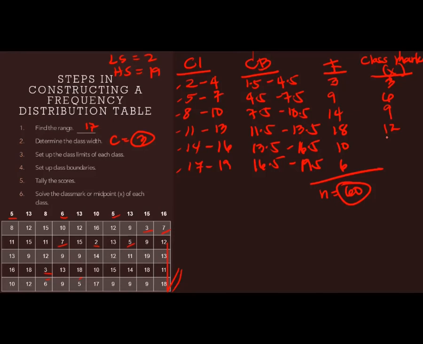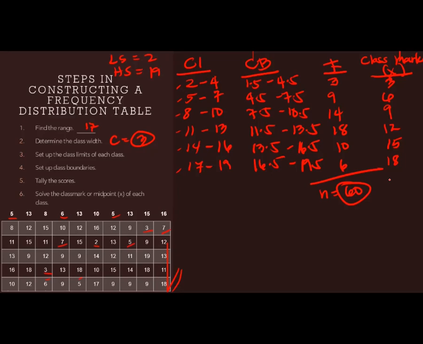Then 14 plus 16, we have 30 divided by 2, 15. And then 19 plus 17, that is 36 divided by 2, 18. So that is our class mark.